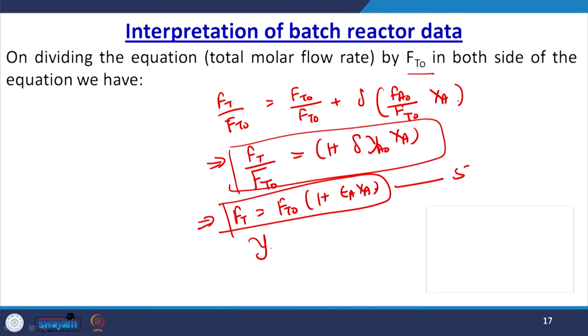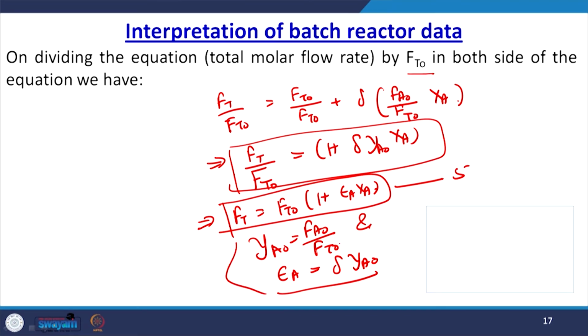So here yA0 is equal to FA0 upon Ft0, and epsilon A is equal to delta yA0. So these are some of the referencing things.